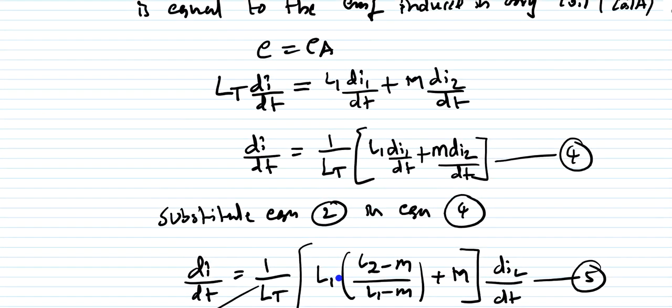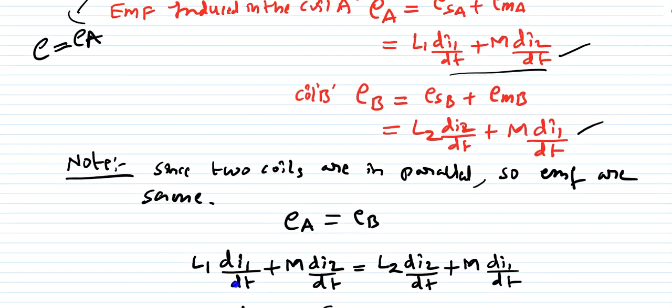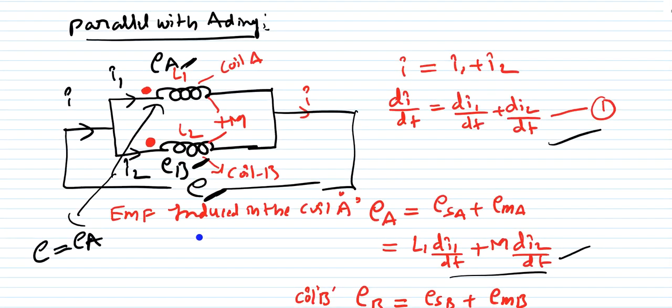So this is the derivation we have done. What is the equivalent circuit? If the two dot polarities are somewhere here and here, then M is positive, and that is the L total of the circuit we are getting.